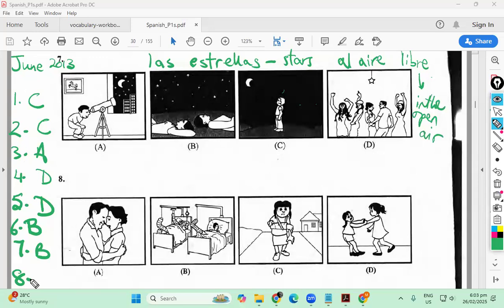Se fracturó el brazo. All right, se fracturó.